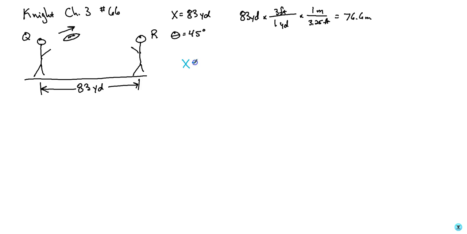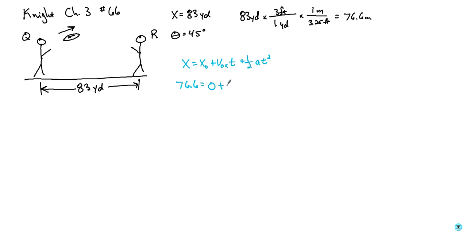I'm going to go with x equals x sub o plus v sub o x t plus 1/2 a t squared. We know that x is the distance the ball traveled from the quarterback to the receiver, which is 76.6 meters. If we take the origin to be at the quarterback, then x sub o is 0.